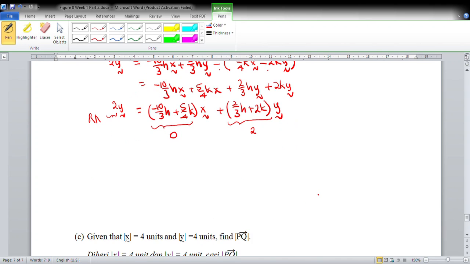Okay, so you have negative 10 over 3 h plus 5 over 4 k is 0. Okay, so you can simplify this. You will get an equation, right? Okay, once you simplify, you get this.